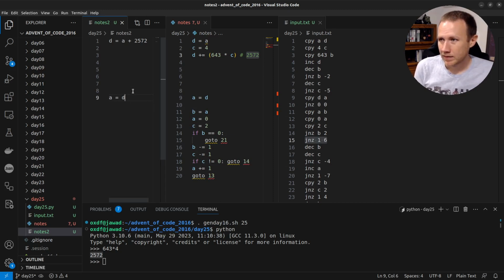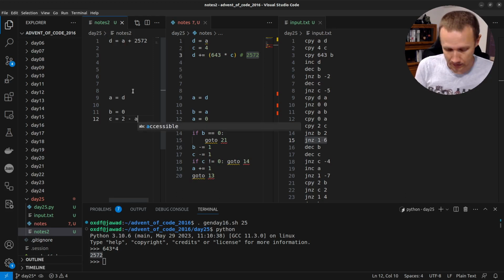And now we're basically going to say, coming out of this thing, B is going to be equal to 0, because that's the only way we break. C is going to be equal to 2 minus, I guess we should set the B equal 2 minus A mod 2.